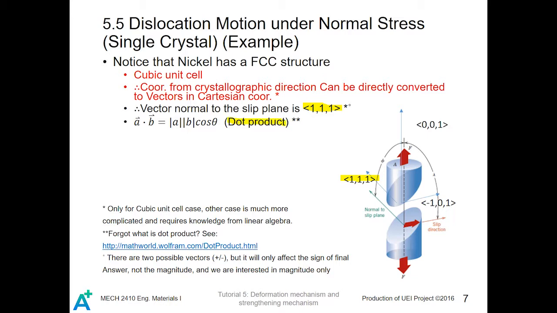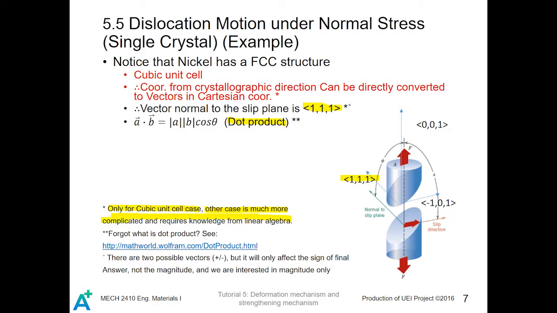Vector A dot vector B is equal to the absolute value of A times the absolute value of B times the cosine of their angle. I need to emphasize it is a cubic unit cell, and that's why we can use this, which is only for the cubic unit cell case. Other cases are much more complicated and require knowledge from linear algebra.